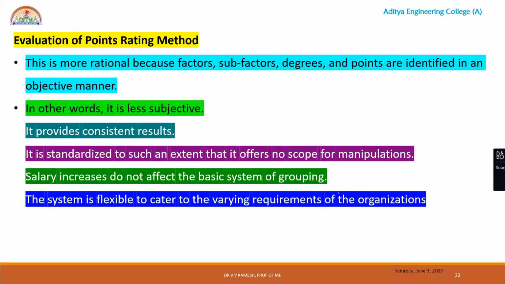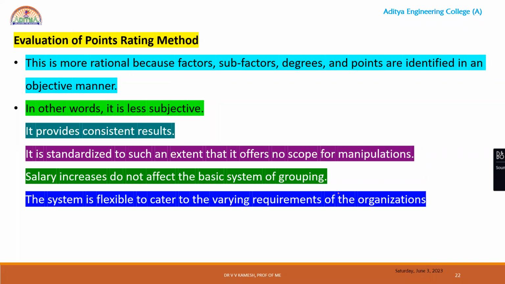And in evaluation, because you are having transparency in creating the factors, subfactors, degrees, and points, right? And you are fixing the salary on the basis of the number of points obtained for a particular job, not by the person who is sitting in the chair or who is operating the machine. Forget about the person.